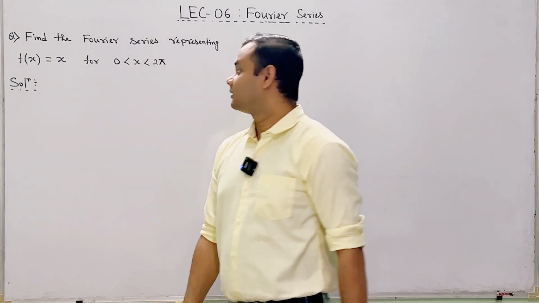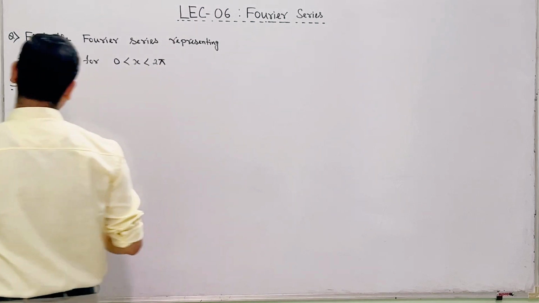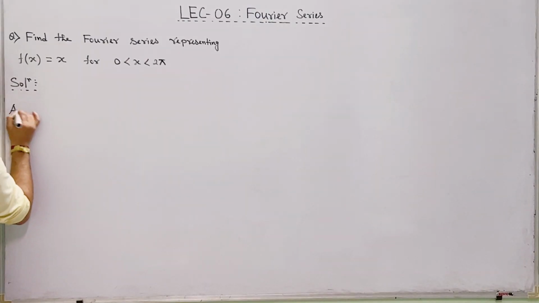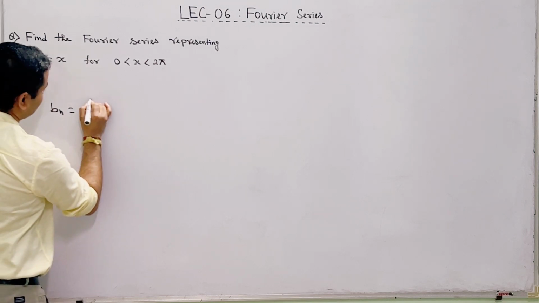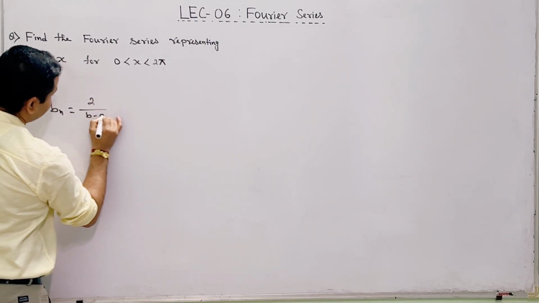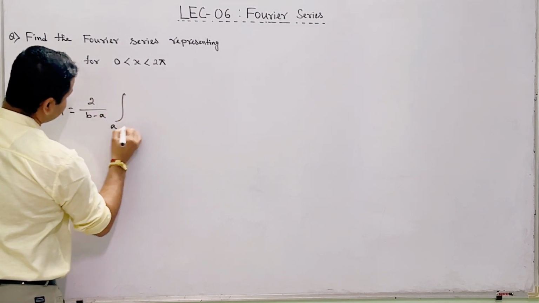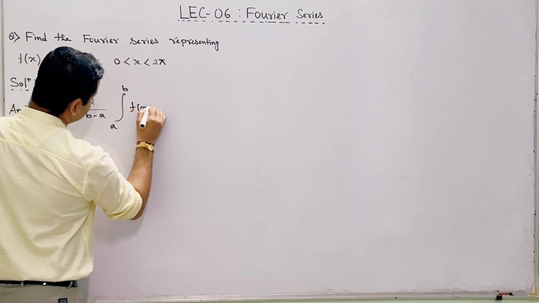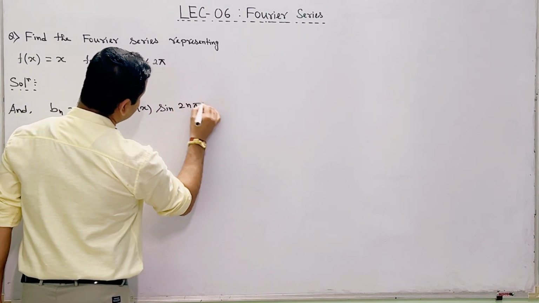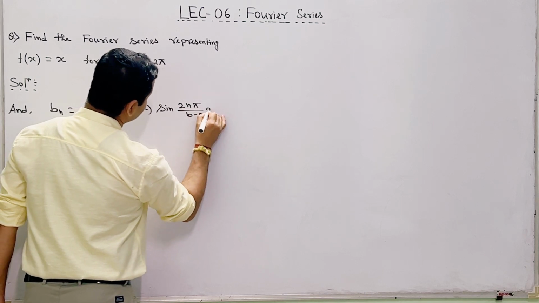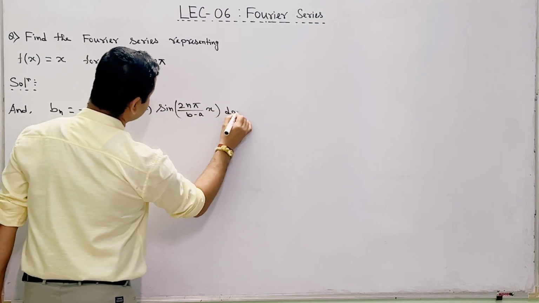Next, let us find out the third Fourier coefficient. So, bn is equal to 2 divided by b minus a into integration a to b f of x into sin twice n pi divided by b minus a into x into dx.